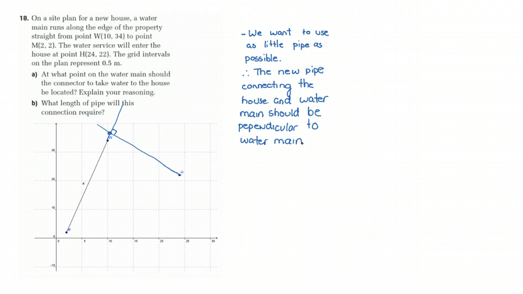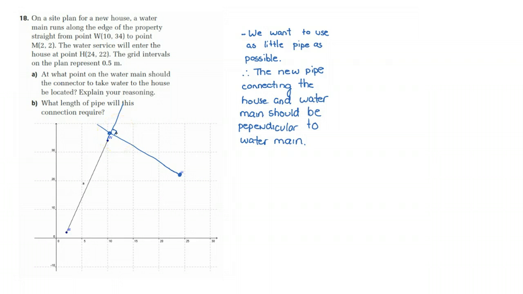Let's read that again and make sure we understand it. We want to use as little pipe as possible, so the new pipe connecting the house and the water main should be perpendicular to the water main. So there's my house, here's my water main, and this should intersect at 90 degrees.